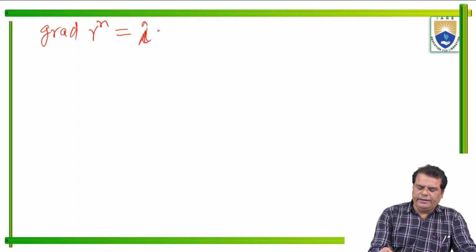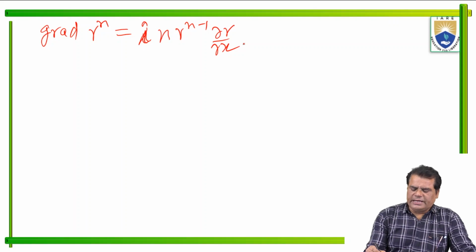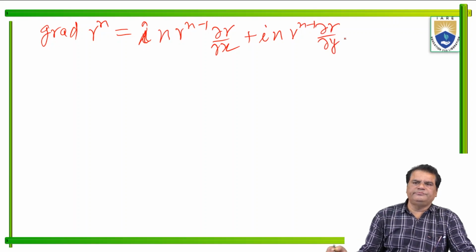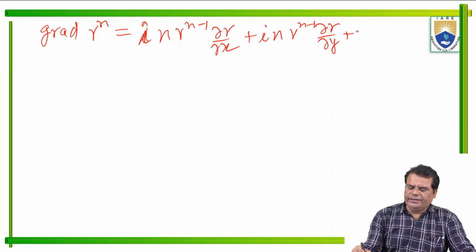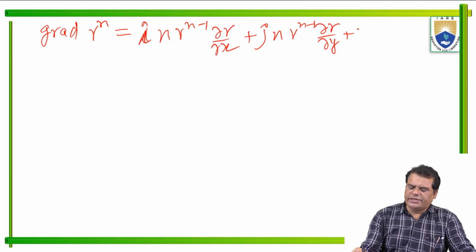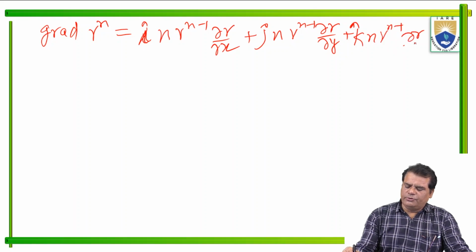So the answer is i times the differentiation, n r to the power n minus 1 dou r over dou x, plus j n r to the power n minus 1 dou r over dou y, plus k n r to the power n minus 1 dou r over dou z.